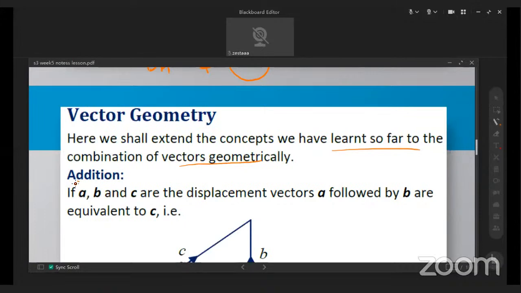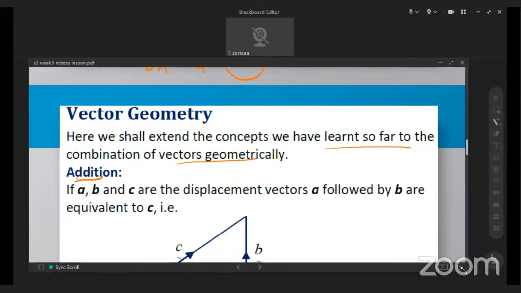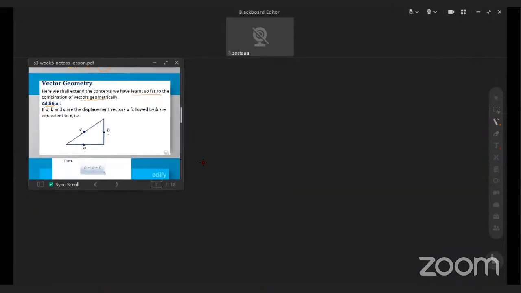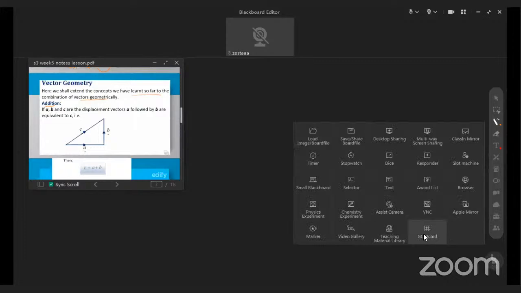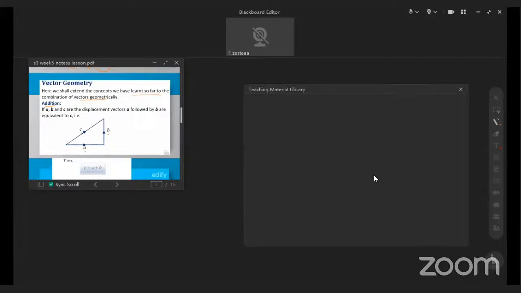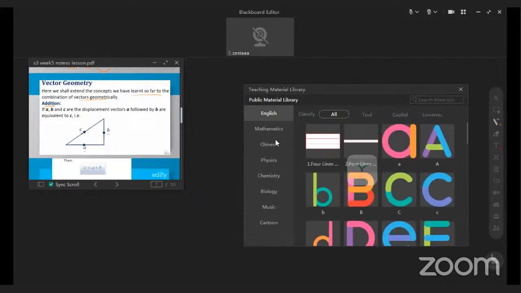So, vector geometry. Let's learn something small before we do the calculations. Let me draw a shape here. When we have a triangle, we shall be able to see it clearly.